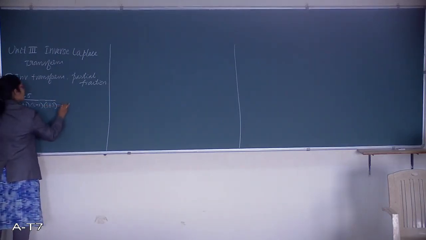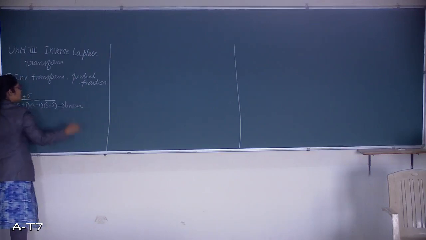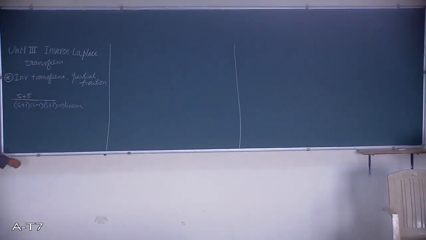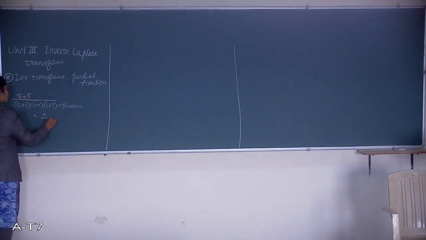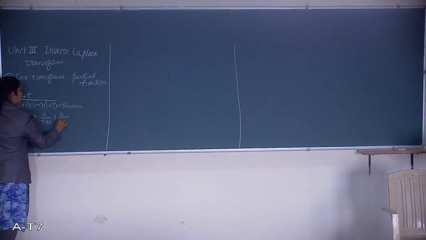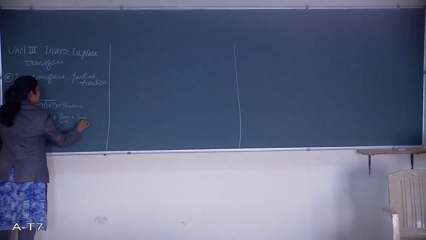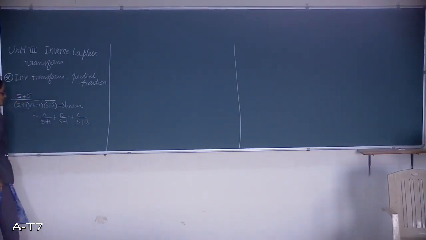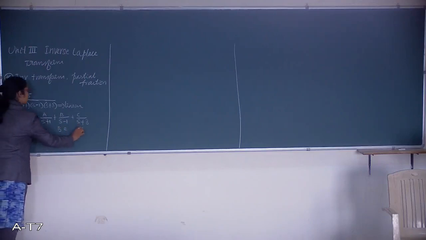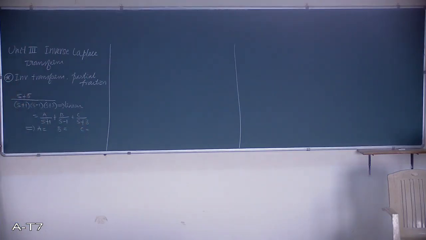If the denominator factors are linear, we solve this as A divided by s plus 1, plus B divided by s minus 1, and for the third one, C divided by s plus 3. Then assign different values for s, and based on that solve and get the constants A, B and C.